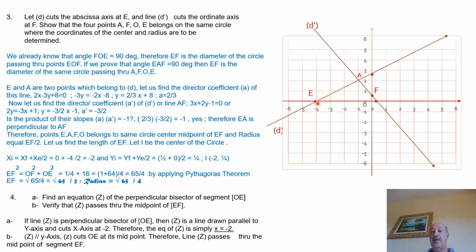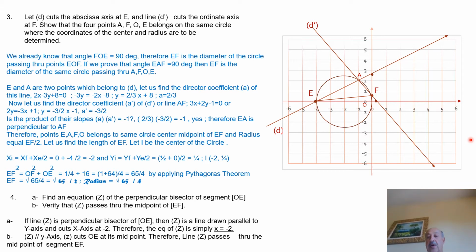Good. Now, if we show that angle EAF equals 90 degrees, then this same circle that passes through E, O, F should also pass through A. Let's draw the circle. We'll draw EF first and draw this circle.